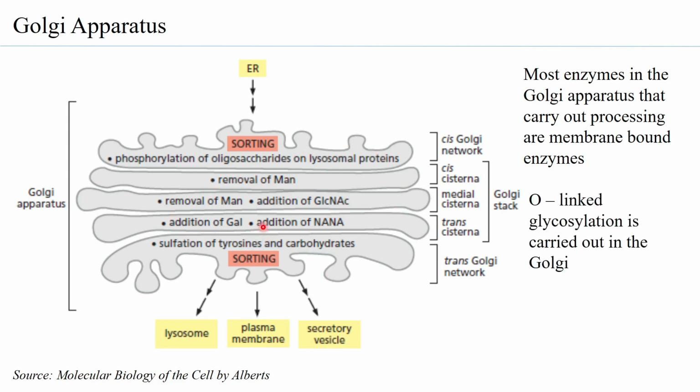Also interesting to note over here is that the Golgi is able to carry out what is called O-linked glycosylation. Now, this is highly significant because we know that certain compound proteins like proteoglycans have what is called a core protein, and to several of its serine residues are attached glycosaminoglycans.